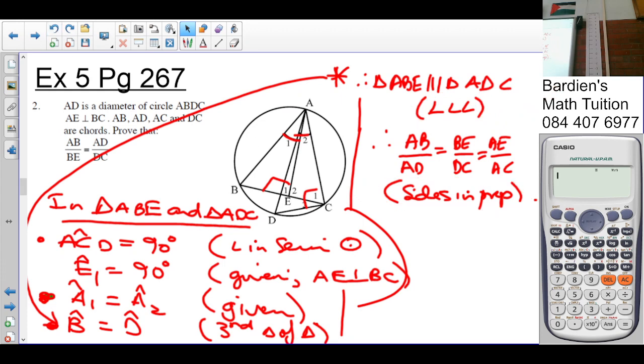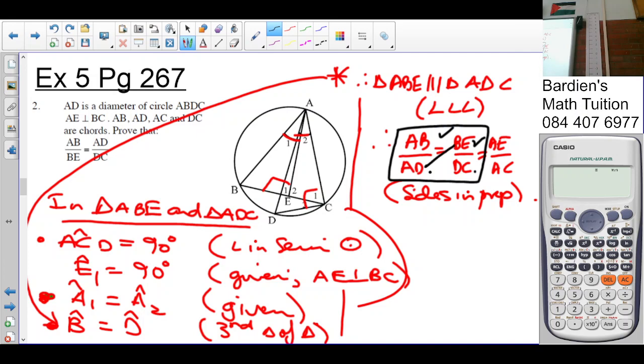But let's see what they wanted. They wanted AB, we got AB, and BE. So it's definitely that. They got AD and BC. But what do we know is that B is at the bottom. So I can conclude therefore AB over BE equals AD over BC.